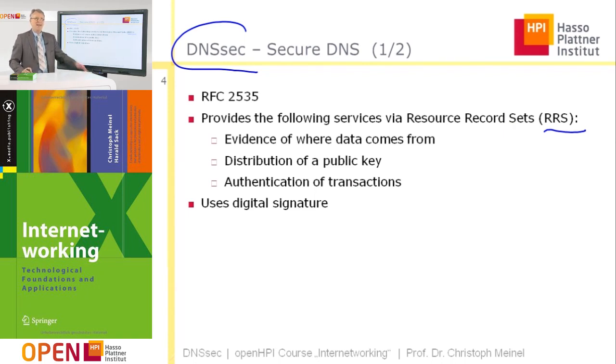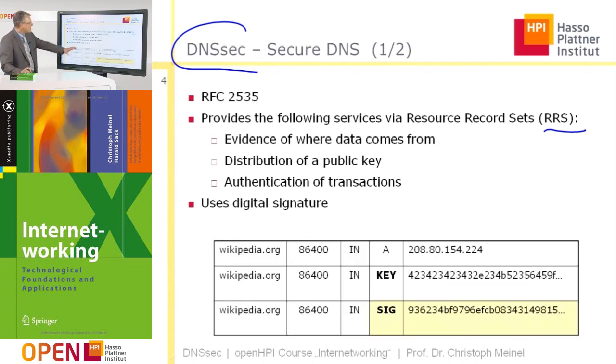The cryptographic method used is digital signature, and this is how such a resource record set looks like. We have here the information that the wikipedia.org domain name is associated to this IP address. But then, in addition, we have a key and we have a digital signature.